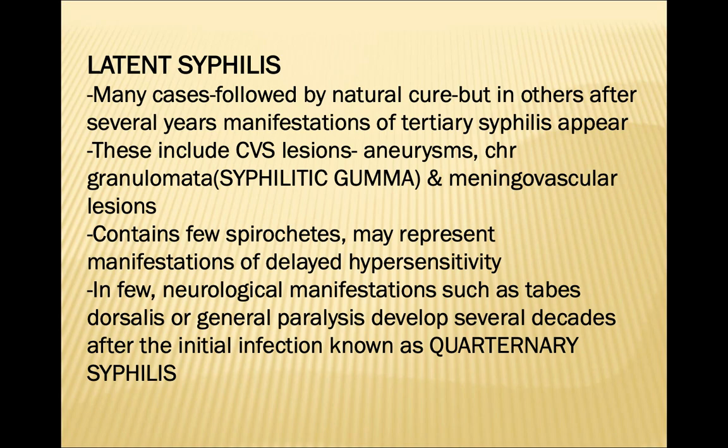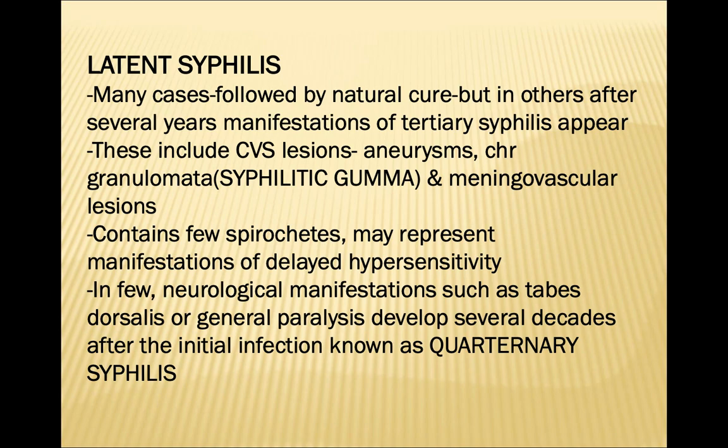Few of these tertiary syphilis cases can lead into late tertiary or quaternary syphilis, wherein the manifestations are neurological, for example, tabes dorsalis and general paralysis of the insane, wherein the onset of psychotic symptoms occurs, with loss of interest in work, memory lapses, etc.